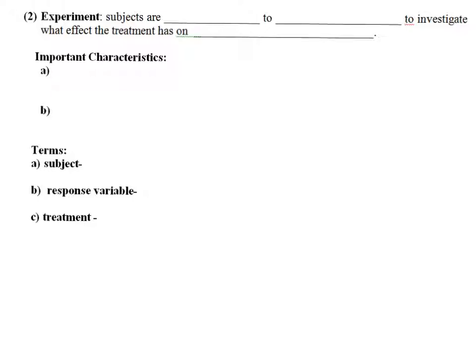The second type of statistical study is an experiment. Within an experiment, subjects are assigned to treatments to investigate what effect the treatment has on some response.